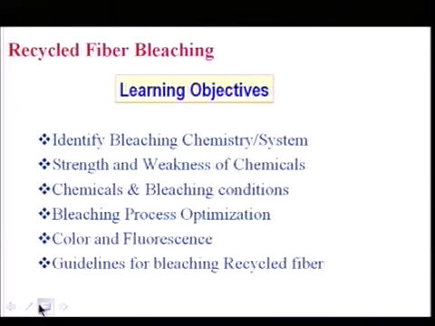Later on I am going to go through how do we optimize a bleaching process. What are the things to look at? And then how color of a paper and the fluorescence present in the paper, how they influence the bleaching process. Finally, I will give you some guidelines about bleaching of recycled fiber.